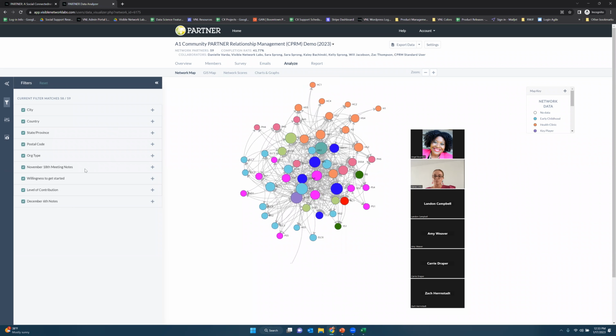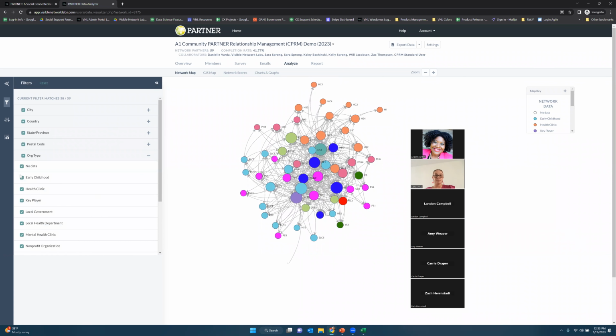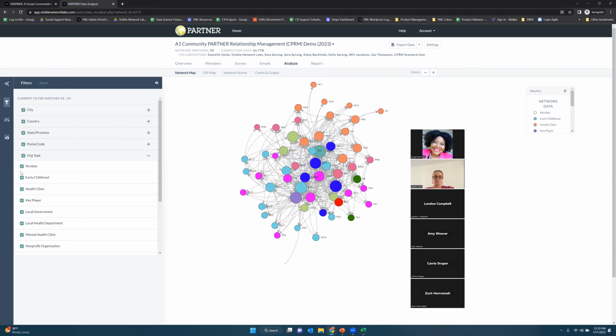So what's really fun about that is you can say, I only want to look at one specific council, or I want to look at two councils together, and I only want to see that data. You can also show the colors by organization type, but then you're only showing the connections of those two councils.